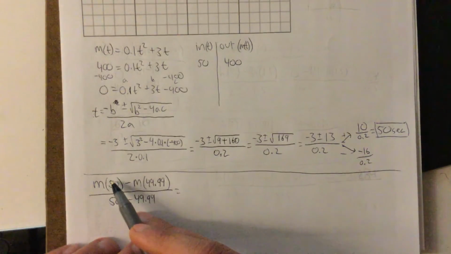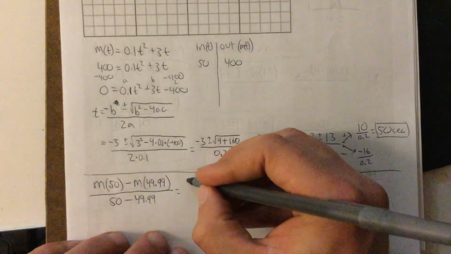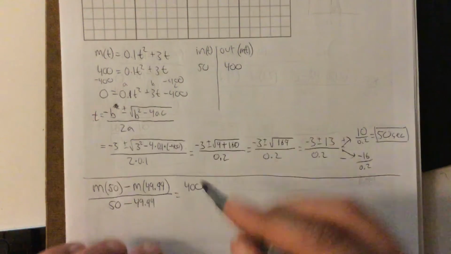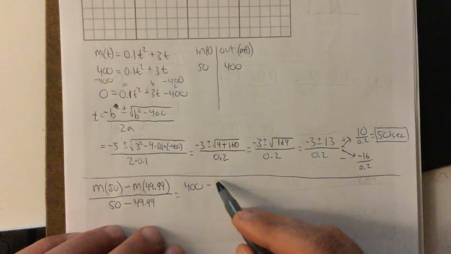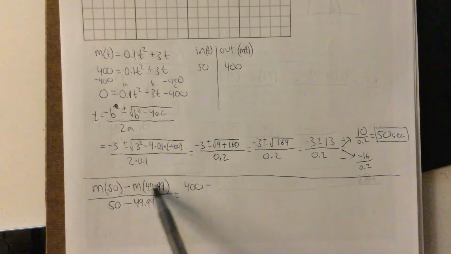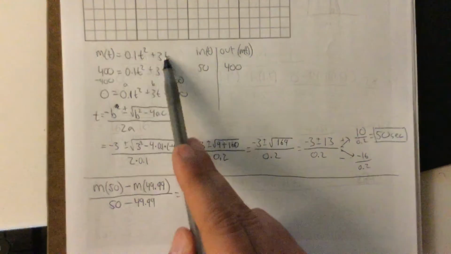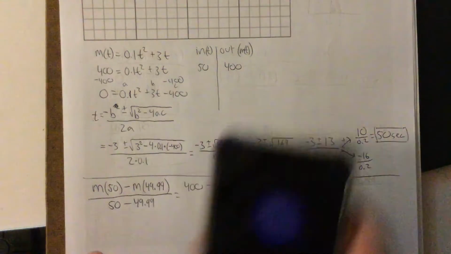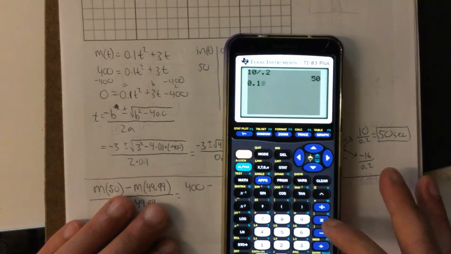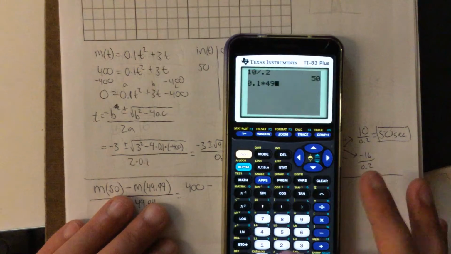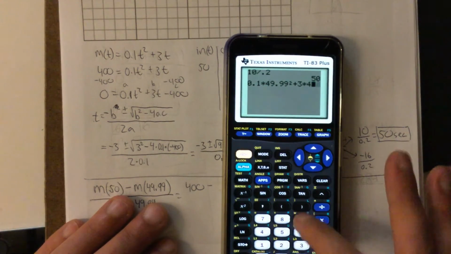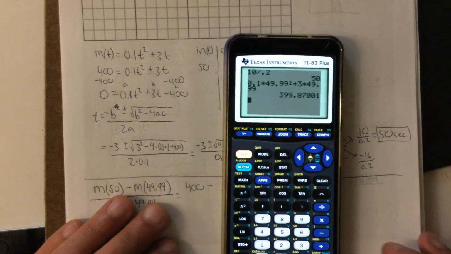So we know that the meters here are going to be 400, right? Because that's the race she ran, 400 meters, minus, let's figure out what this is going to be. All we're going to do is plug our time of 49.99 into this equation and substitute t. So 0.1 times 49.99 squared plus 3 times 49.99.